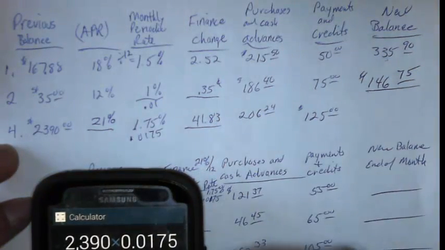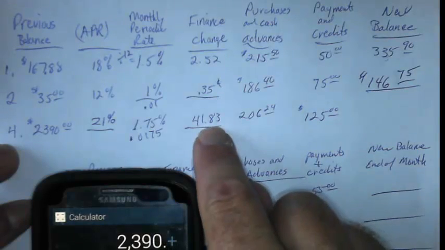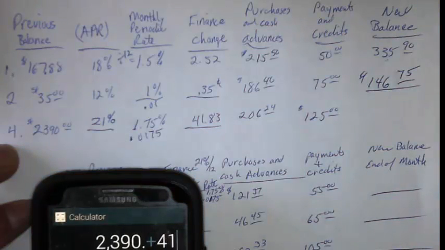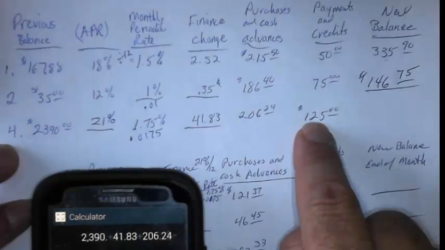Okay, because we're going to round that up always. So let's just clear that out now since we have to start again. Plus our new finance charge, plus any purchases, subtract any payments.